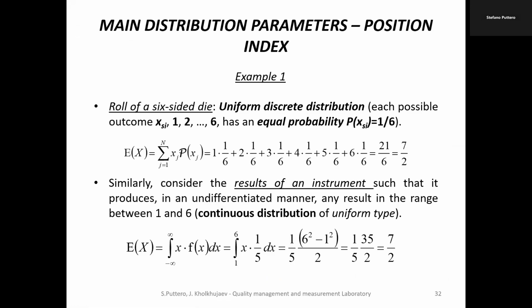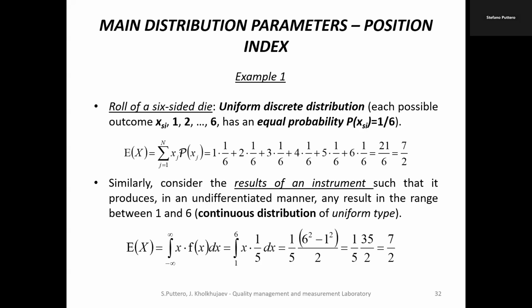And here we have a different example for the calculation of the expected value. Of course, the case of a discrete random variable is easier to understand, while in the case of a continuous random variable, you have to remember something about the integral. Anyhow, we can start from the usual example of rolling a six-sided die.